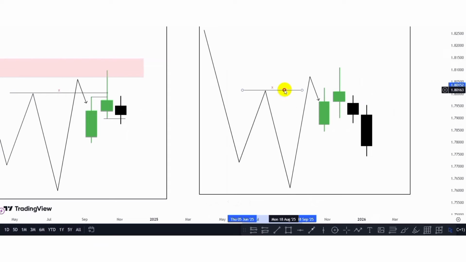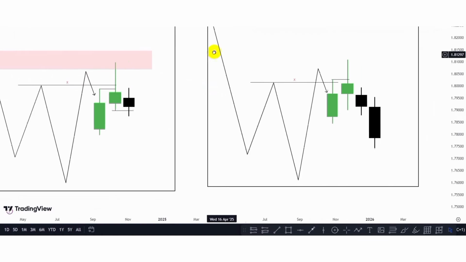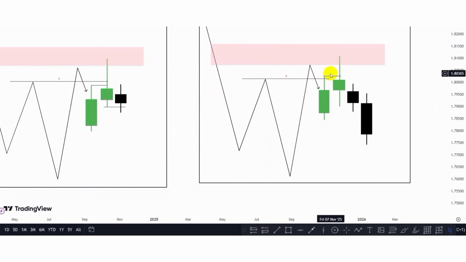You can see that price took out the inducements, price took out liquidity of this previous swing high, and then you can also see that price took out the high of the previous candlestick. We have a mitigation of a higher time frame point of interest. So you would see that now price here did not close below the wick of the candle that mitigated the point of interest.